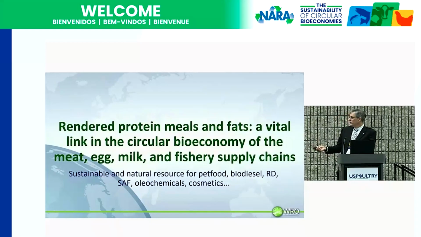So, rendered protein, meals, and fats are a vital link for the circular bioeconomy of the meat, egg, milk, and fishery supply chains. And sure, we are a sustainable and natural resource for pet food, biodiesel, renewable diesel, SAF, oleochemicals, cosmetics, whatever the use is. Sure. But in the consequential approach, where you are using your product matters.